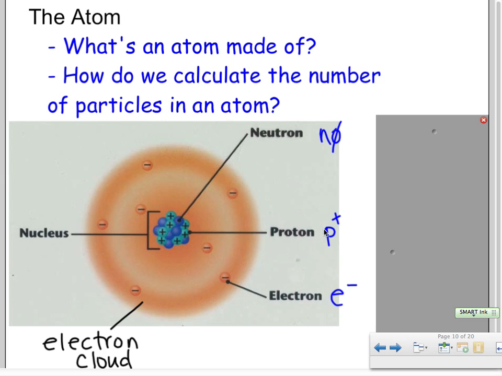Protons, on the other hand, are denoted by the little p with the plus sign. And electrons are located outside of the nucleus, and they could be found anywhere in this area. That's why we call it an electron. E and a negative sign for the charge.